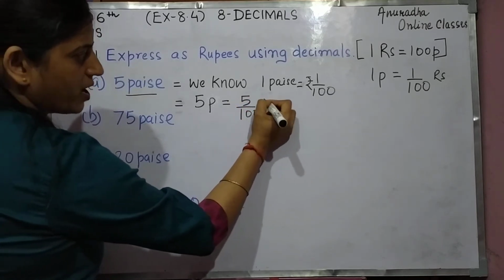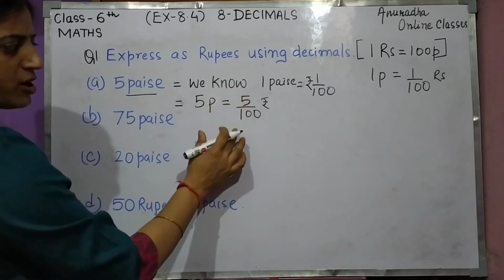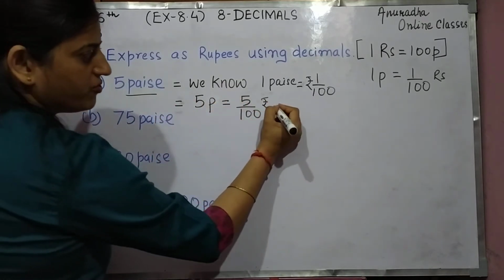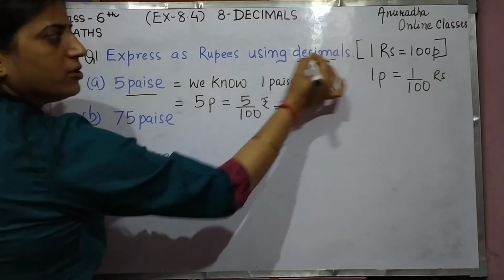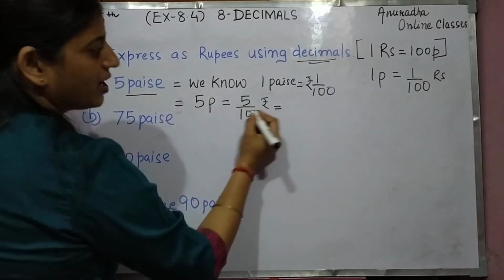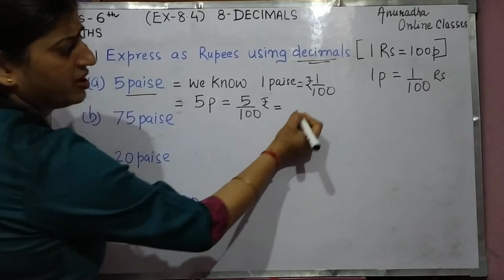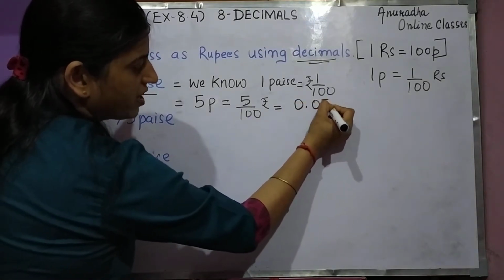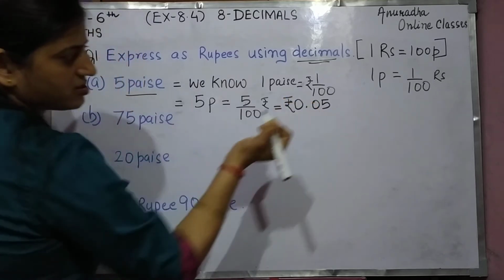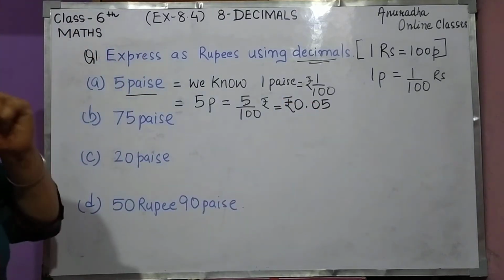Okay, this is rupees. 5 upon 100. हम divide कर देंगे इसको. We will get 5 upon 100. Now we have to use decimal here. तो हम क्या लिखेंगे? This is 500. That means 0.05. This is rupees. Rupees 0.05.